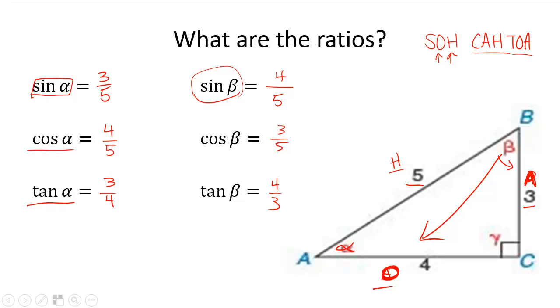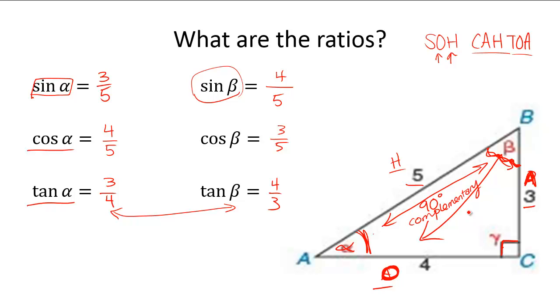So we can make a few observations here. Notice that in a triangle, these all add up to 180, and because this is 90, these two will add up to 90 degrees, which means they are complementary angles.